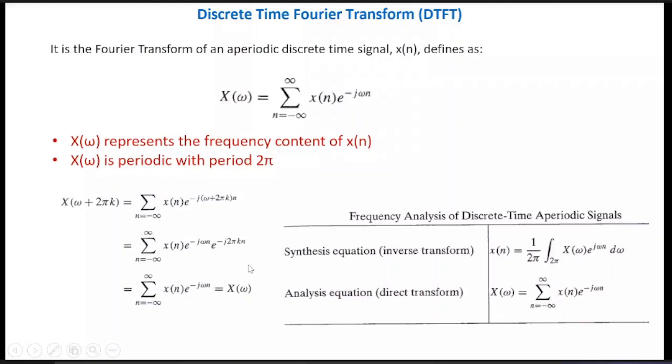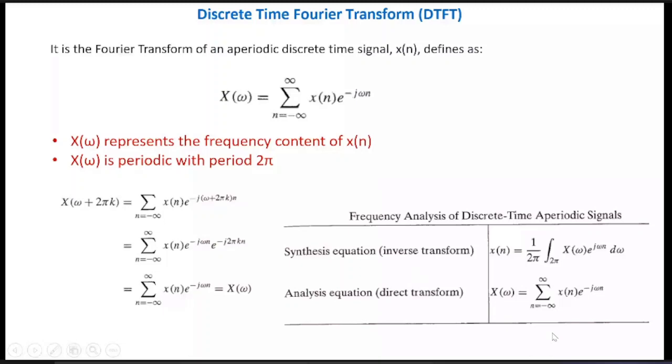In this case, there are two things: one is the inverse Fourier transform and the other is the direct transform. The direct transform is x of omega.